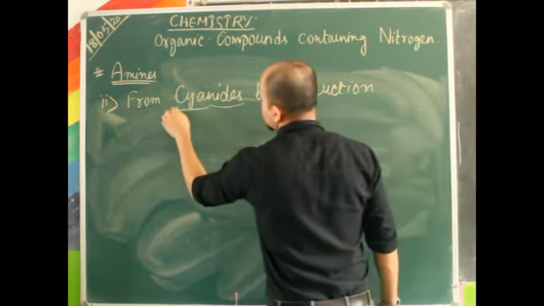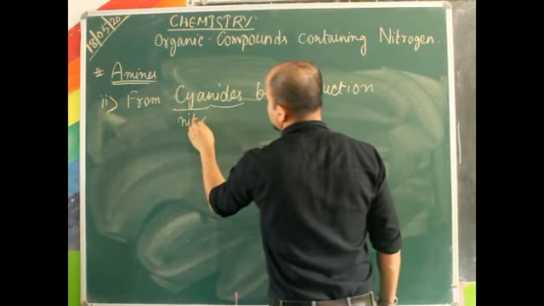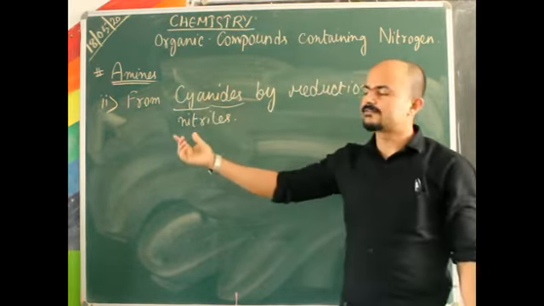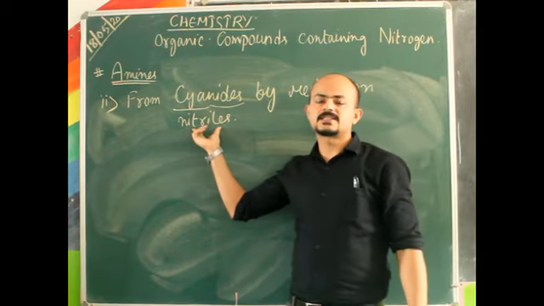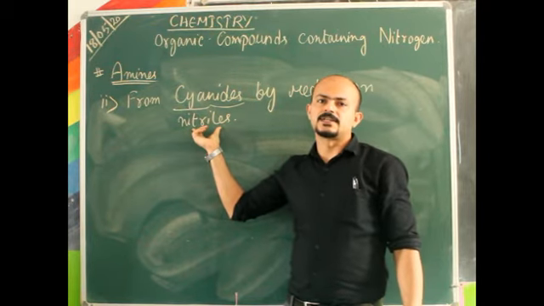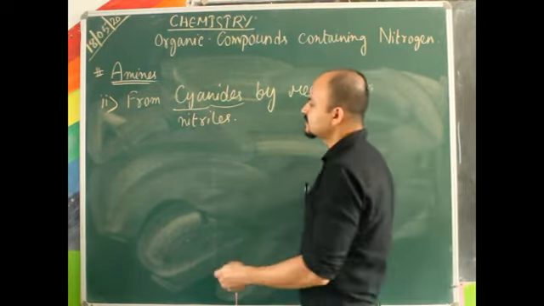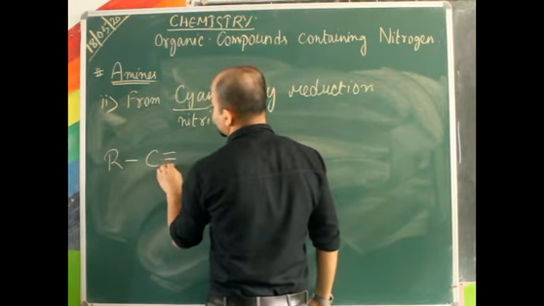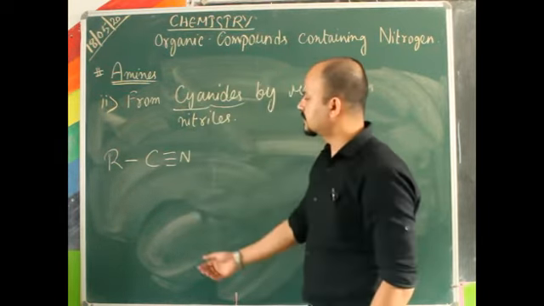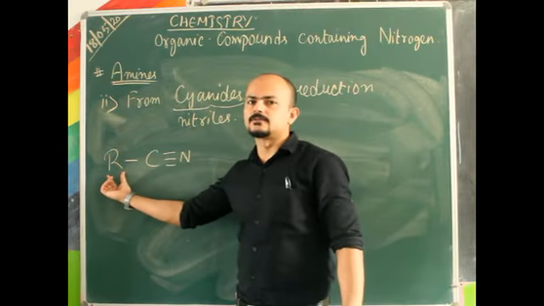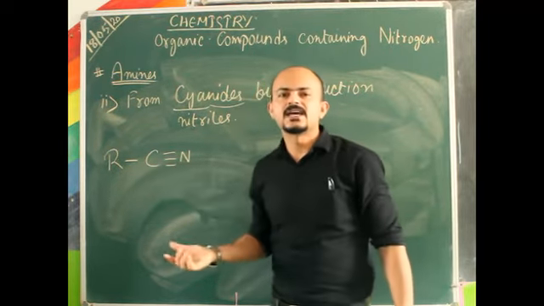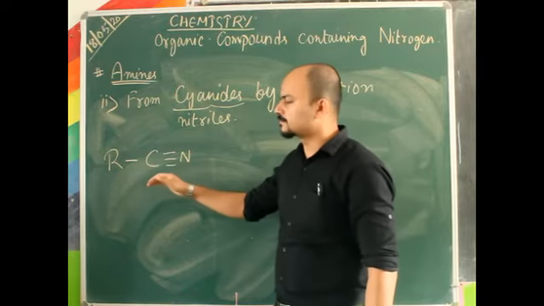Cyanides, you know, are also known as nitriles. Cyanide is the common way of naming them, and nitriles is the IUPAC way of naming them. So these nitriles are those compounds which contain the C triple bond N group. And don't forget, this carbon is bonded to the alkyl group. Had it been nitrogen here and carbon here, that would be isocyanide. I have already taught you this part.